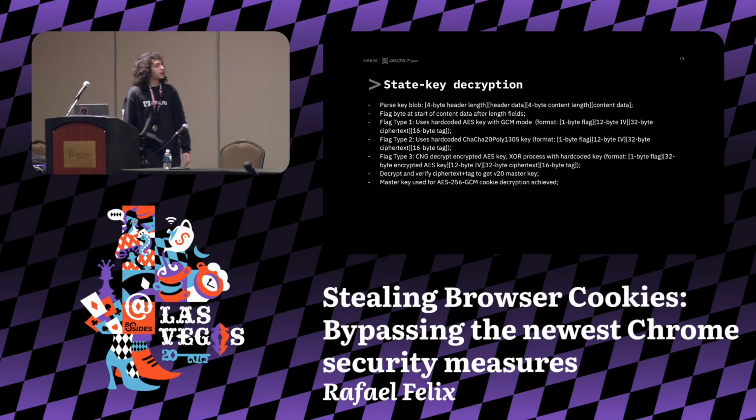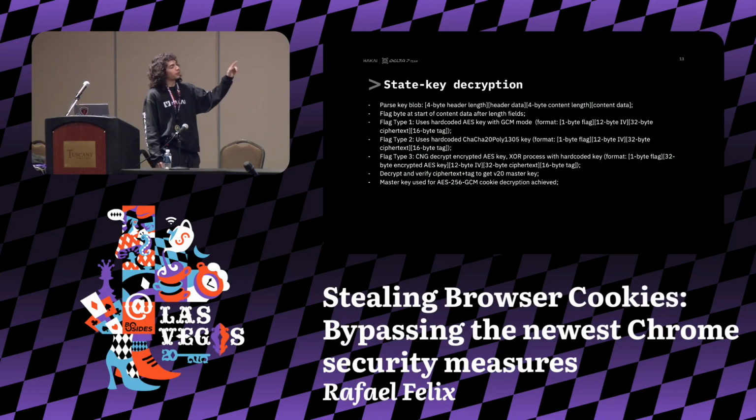Nowadays, Chrome implemented the Cryptography Next Generation (CNG) API, which Windows implemented as a replacement, I think, for the Data Protection API. And then Chrome implemented it, since I think they saw it was stable and every computer had it. So yeah, we CNG-decrypt the encrypted AES key, which is in the key blob. Then we XOR process with the hard-coded key. This is actually a difference here.